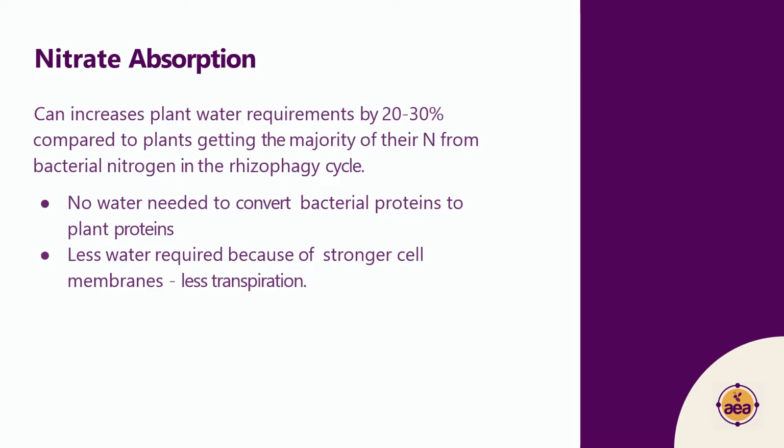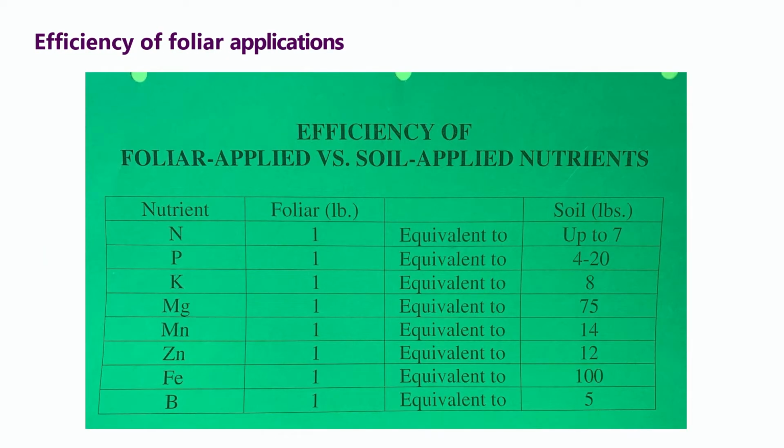We have not published this. When plants absorb the majority of their nitrogen in the form of nitrate, it seems to increase the plant's water requirements and increase the evapotranspiration rate. In order to maintain plant turgor and good photosynthesis, it increases water requirements by roughly 20 to 30%, depending on the plant species and context. And of course, you can greatly reduce this water requirement simply by utilizing nitrogen from the rhizophagy cycle.